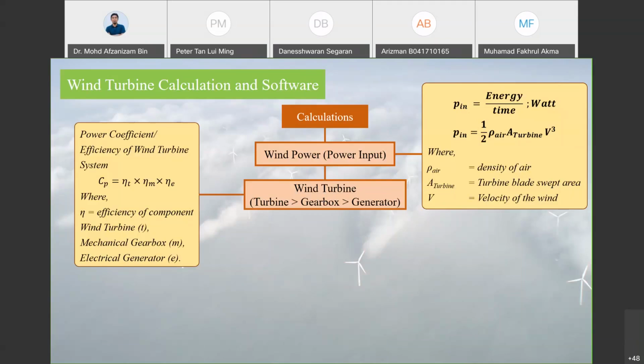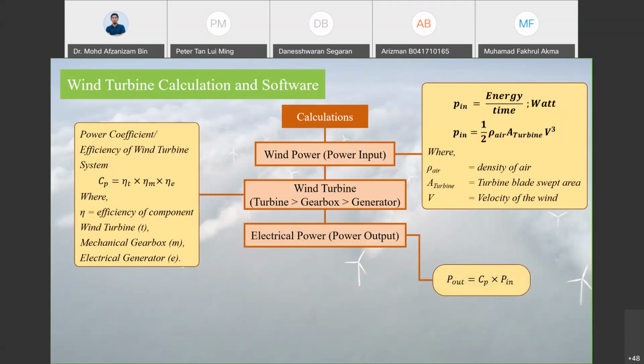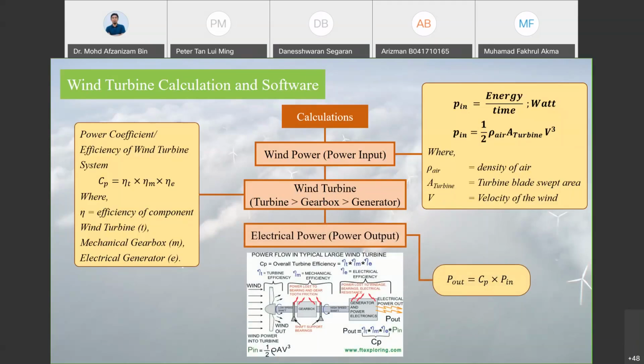This efficiency needs to consider all the losses inside the wind turbine. Finally, we can find the electrical power, or the power output of the wind turbine, which is the power coefficient multiplied by the power input. Here is an illustration of the wind turbine.